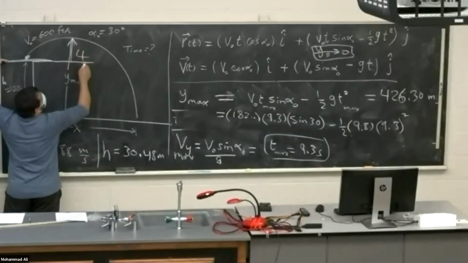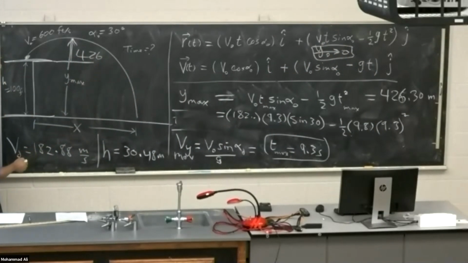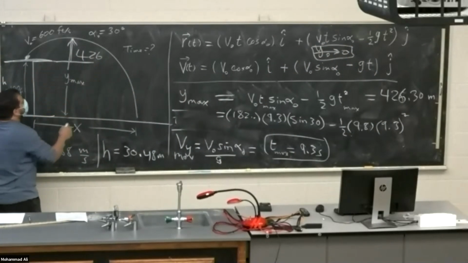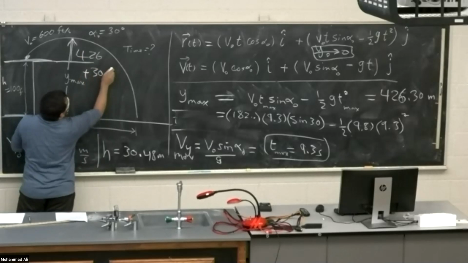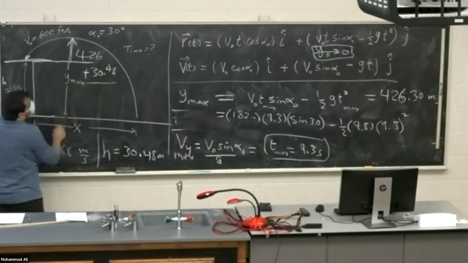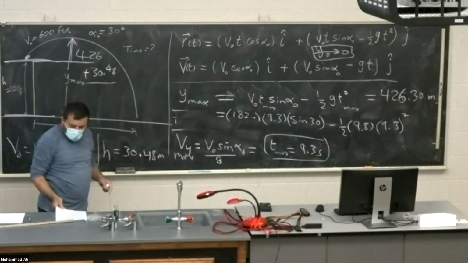It is 426. But if I need to find it from the ground, I need to add 30.48. This is the maximum height. Any question about that?